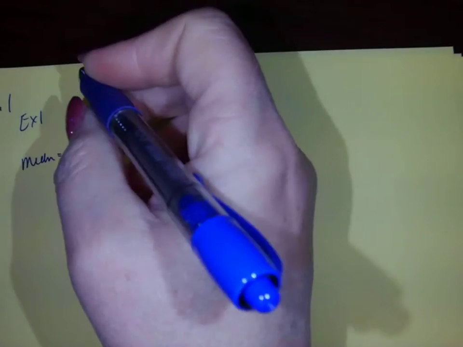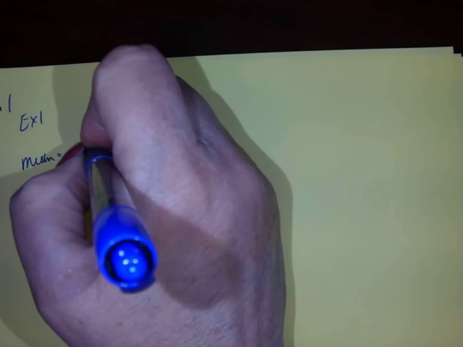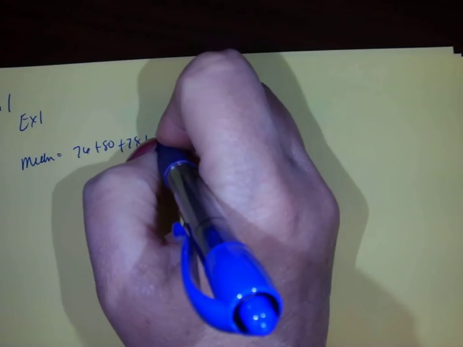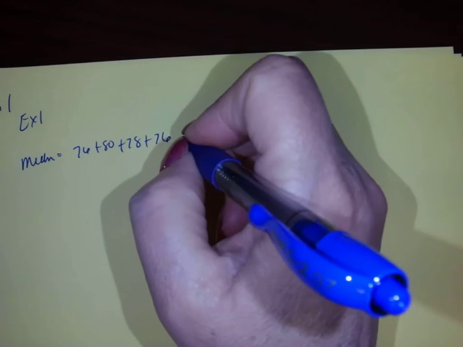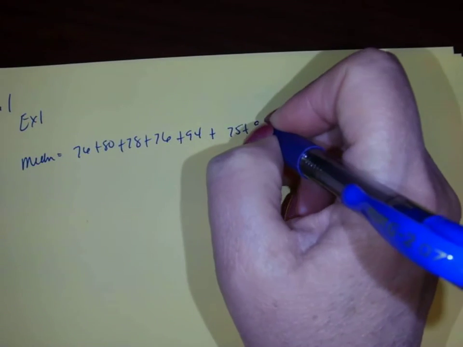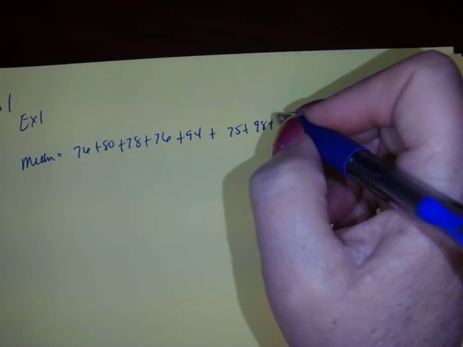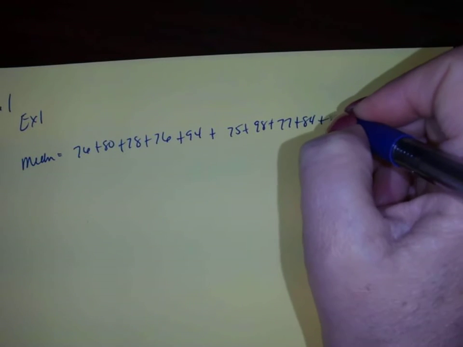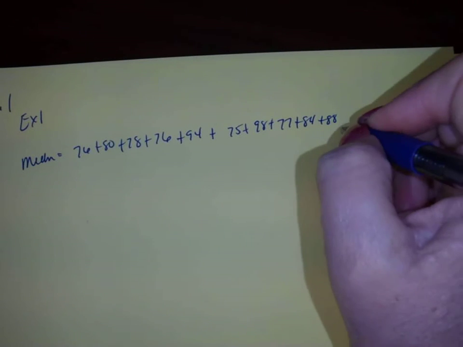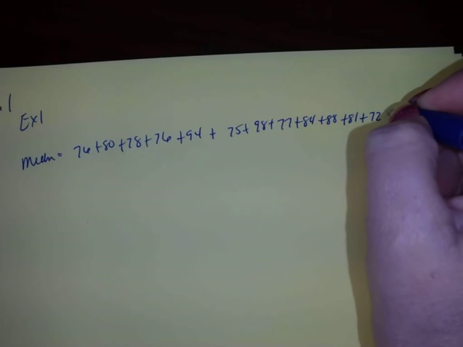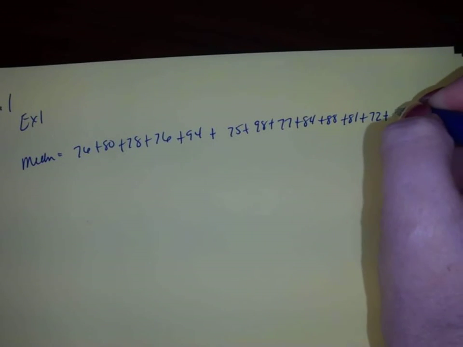So the mean will be equal to 76 plus 80 plus 78 plus 76 plus 94 plus 75 plus 98 plus 77 plus 84 plus 88 plus 81 plus 72 plus 91.